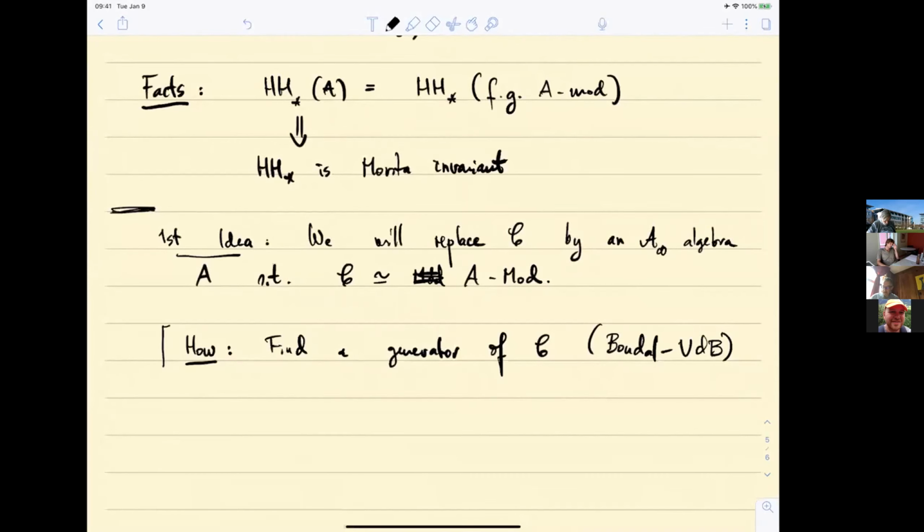And then take A to be the endomorphisms in the DG category which enhances the derived category of X of this generator.